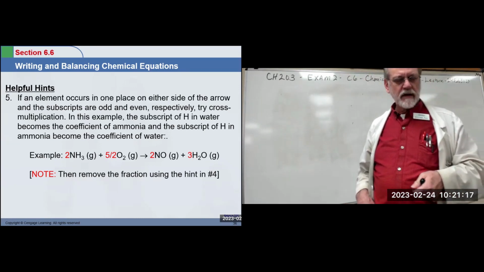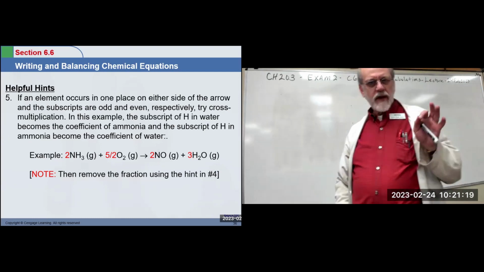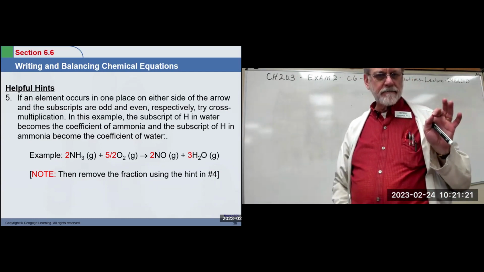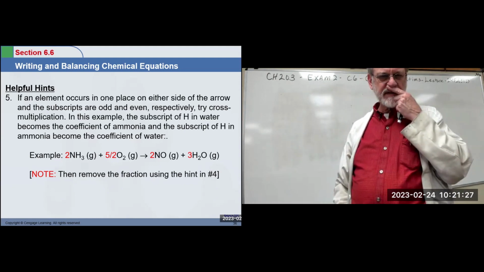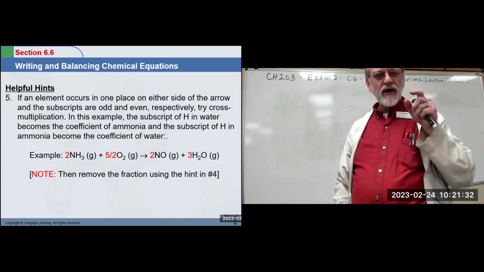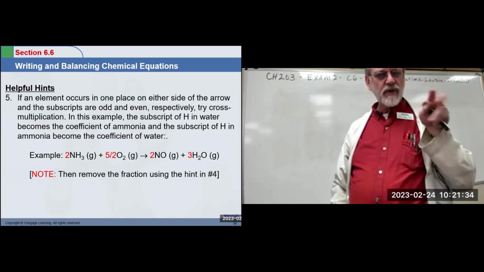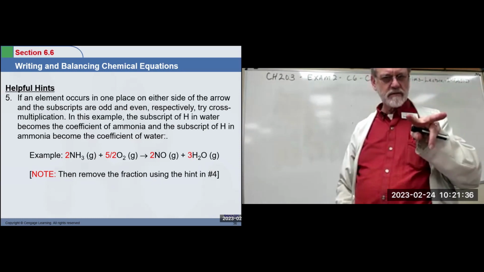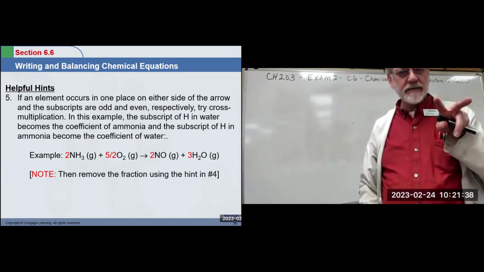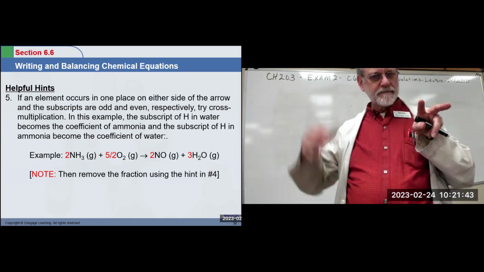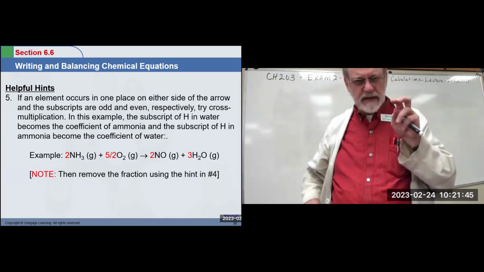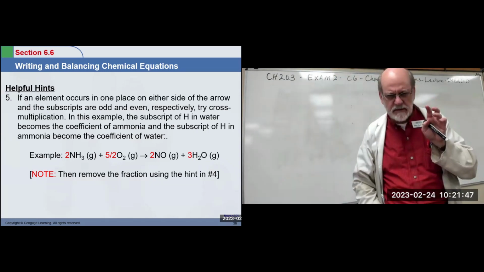If you have an equation where an element occurs on one side, on both sides of the arrow, but, let's see, hydrogens.